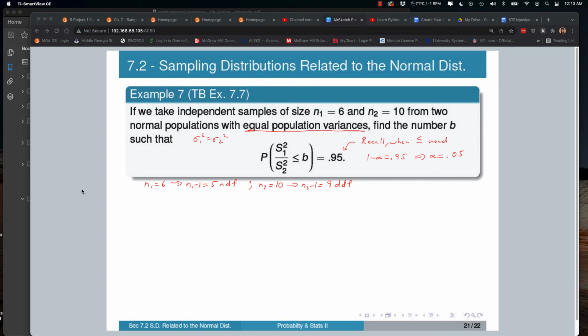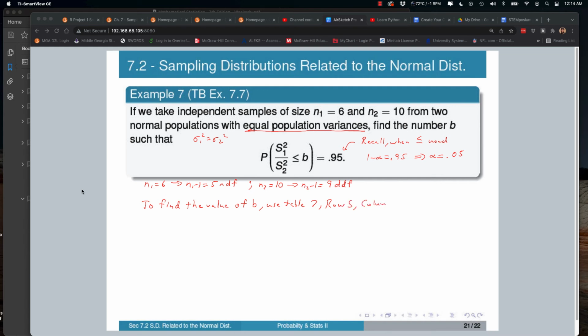To find the value of b, using the F distribution table, use table 7, and there's many pages for table 7, by the way. Table 7, we're going to go to row 5 in this case, and column 9.